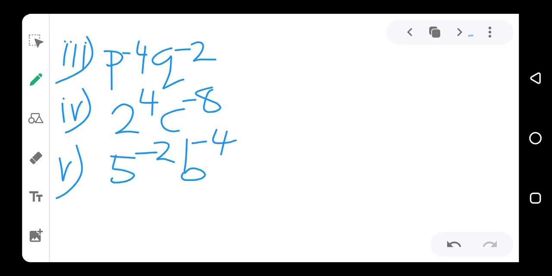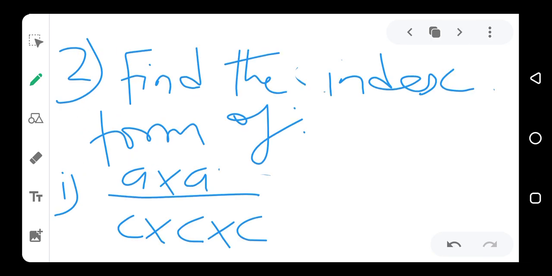I believe you can do this very well. Then here we find the index form of this number. This is just working way back. I've shown you how to get the expanded form. So you just convert the expanded form here to the index form and get it in the negative form.